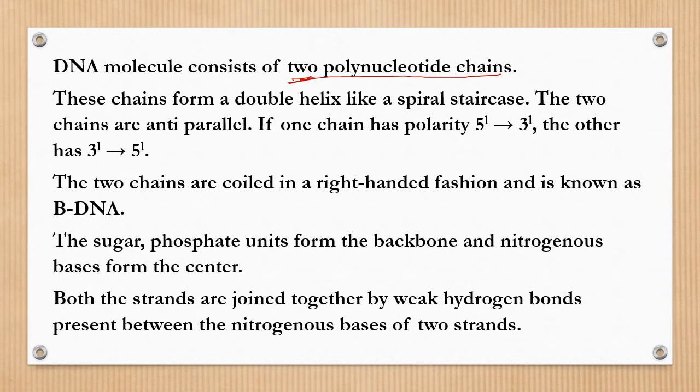These two chains form a double helix like spiral staircase steps. We can see some buildings with iron steps arranged spirally around one large pole.